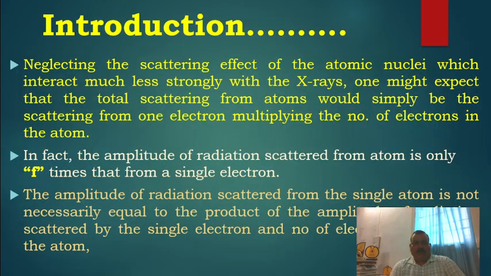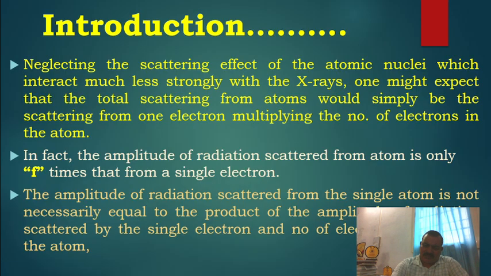Along with the scattering from the atom or the electron, the quantity of scattering by the nucleus is very small, and we can neglect the scattering from the nucleus. So the amplitude of radiation scattered from the atom is only f times that from a single electron.